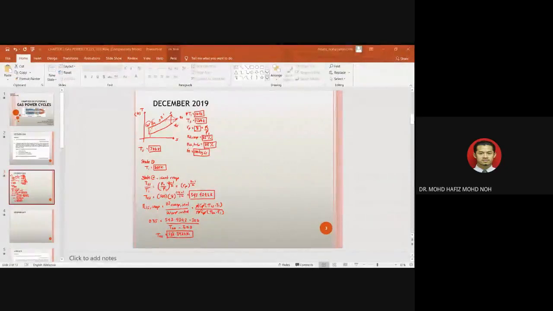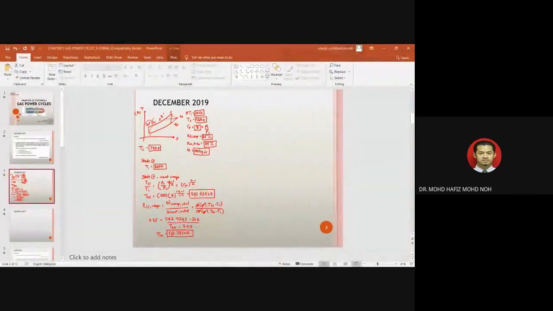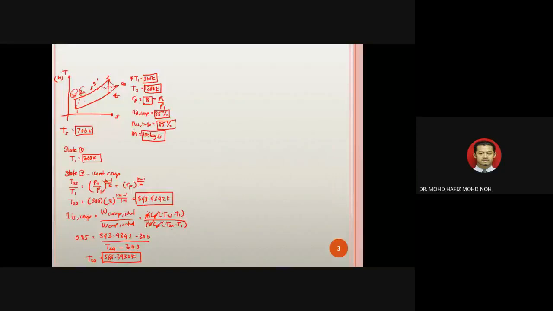Okay, now you have settled state 2. Then you can proceed to calculate state 3.